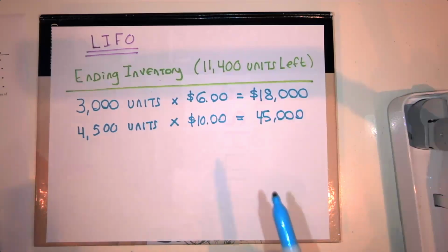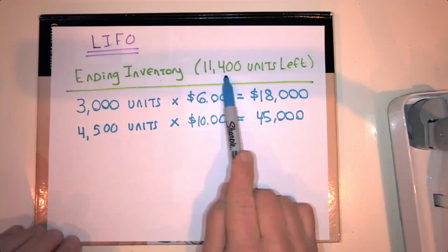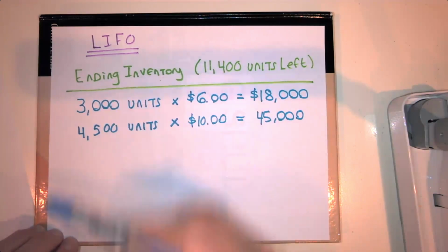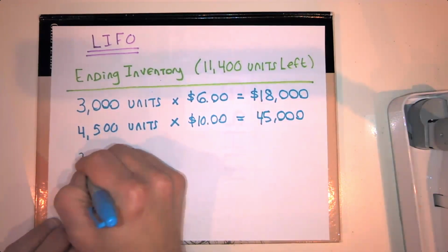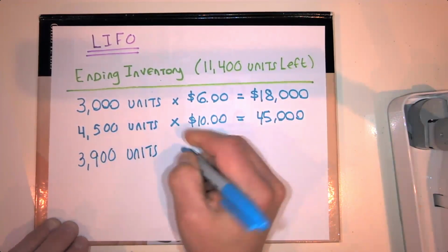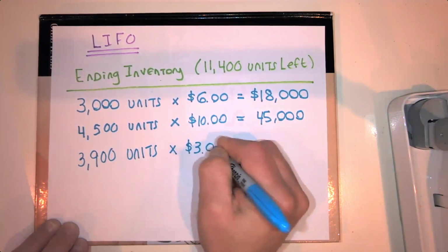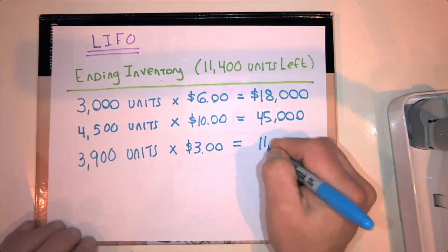So we've got to stop at 11,400, right? Right now, I've got 7,500 units. I still need 3,900 units from the November 14th purchase, each costing $3, which is 11,700.